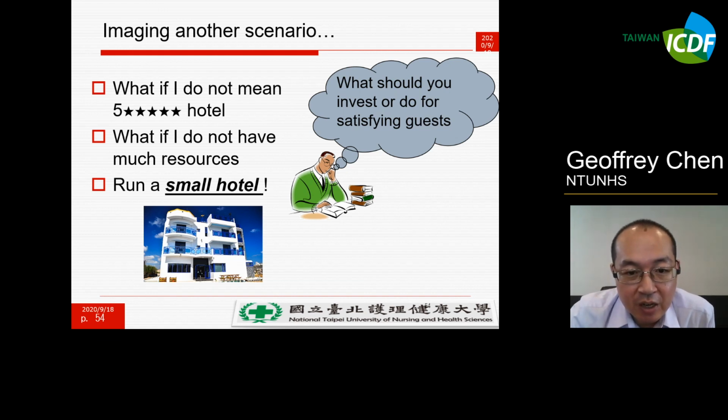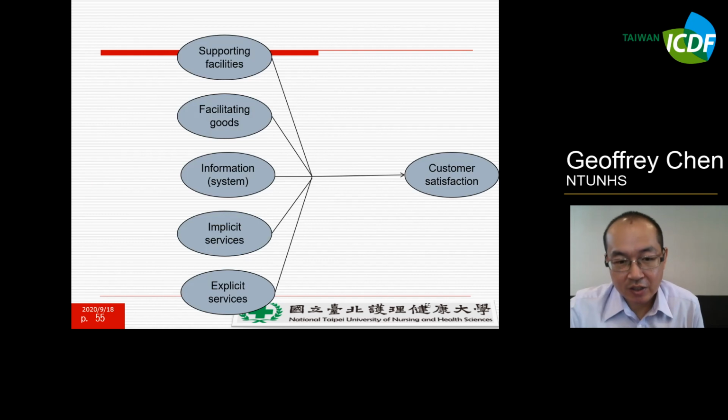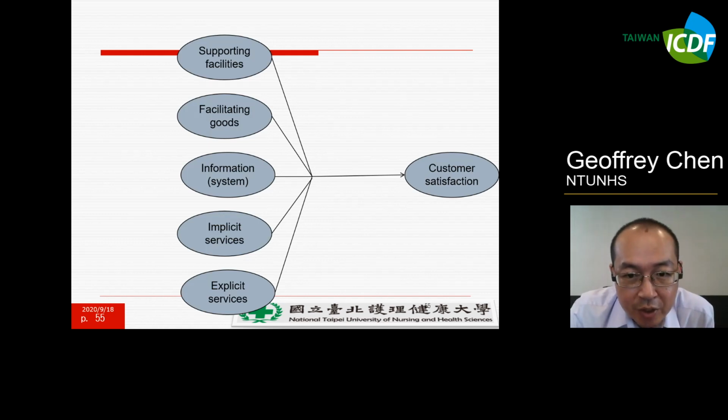Now, due to the time limit, my conclusion is that you have to think about supporting facilities, facilitating goods, information service, implicit service, and last is the explicit service.